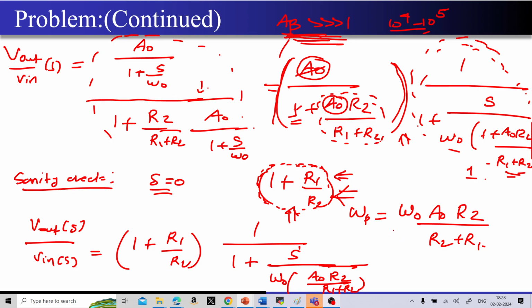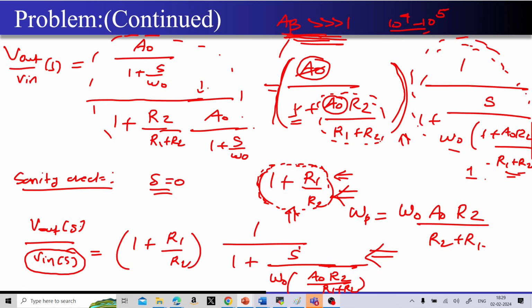So now what we need to do is give the unit step input to this particular equation. That unit step input will be coming from here. So now I have to write V out of S is equal to, if I am giving the unit step input and I take the Laplace transform, then I will be left with the factor 1 by S, correct?